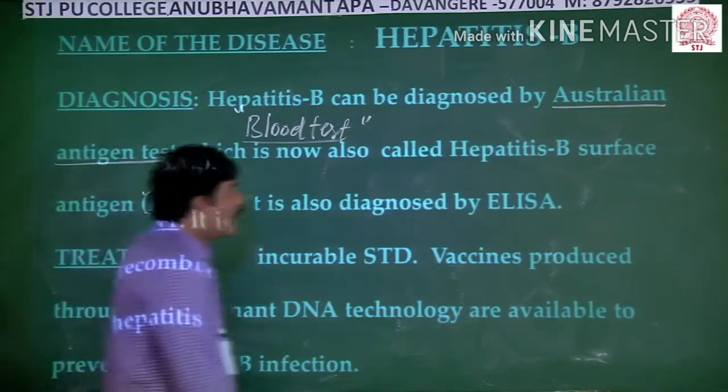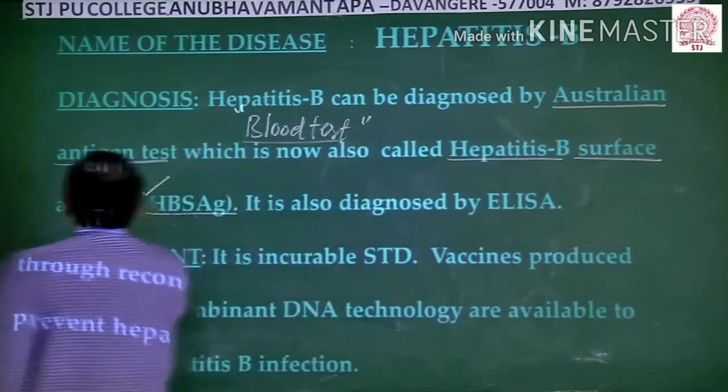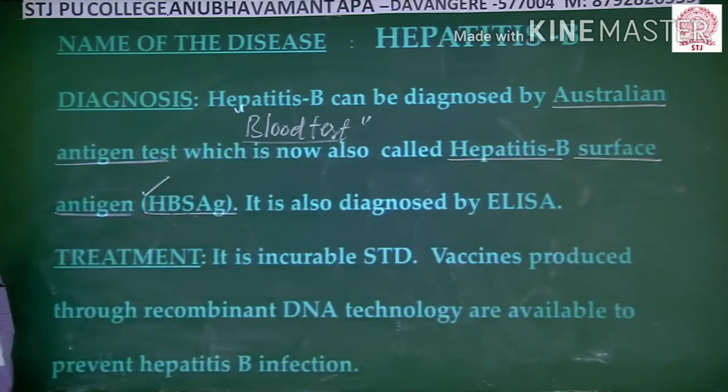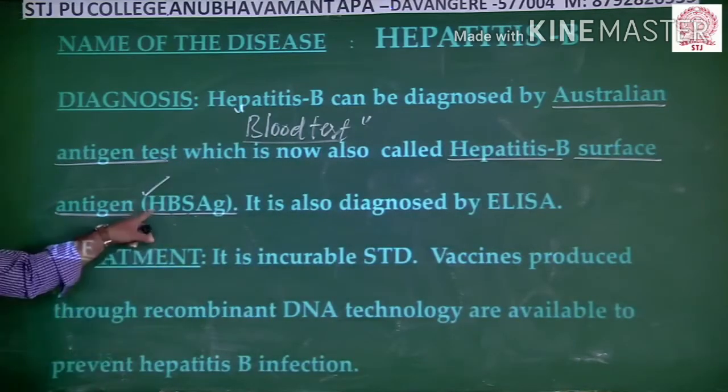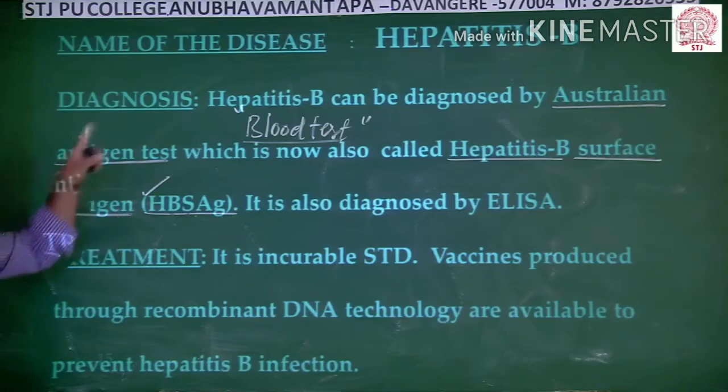That I have written here, the hepatitis B surface antigen test is available to us. This has another name, the Australian antigen test. With the help of this test, we can diagnose and confirm.